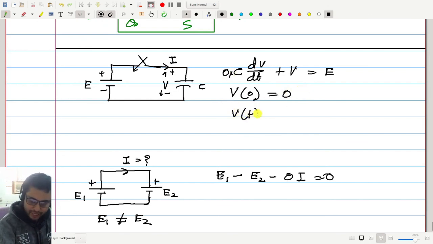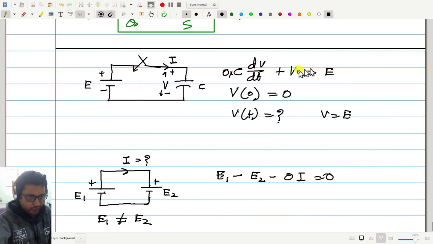V as a function of time. If I ignore this initial condition, then there is a solution, and that solution will be V equal to E. That is the only solution to this differential equation, which is a very trivial differential equation.